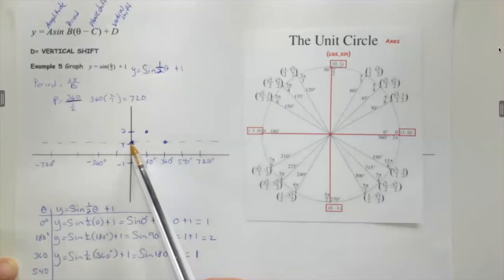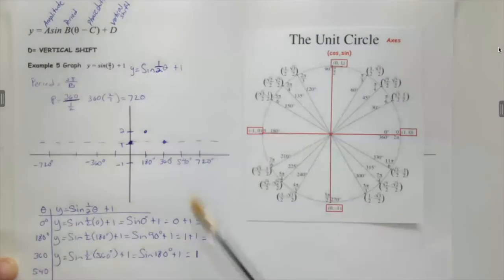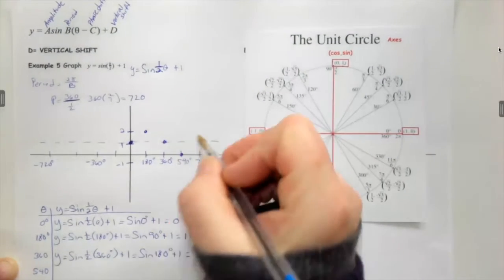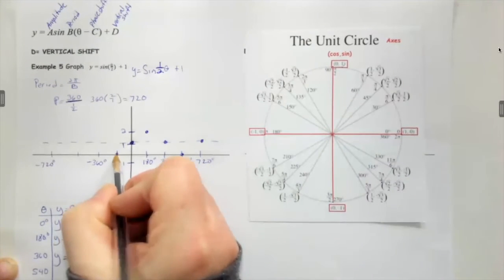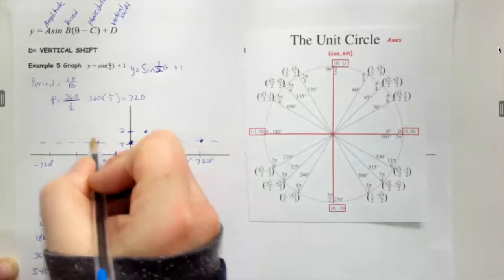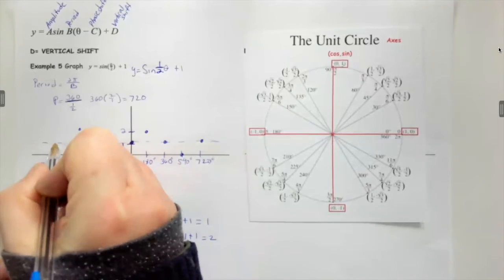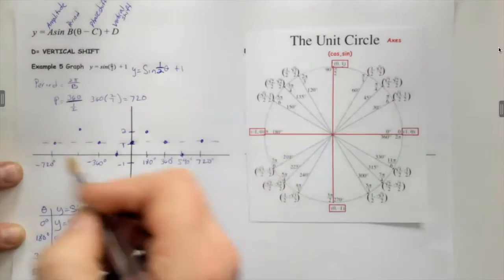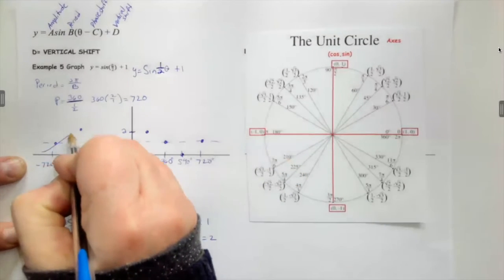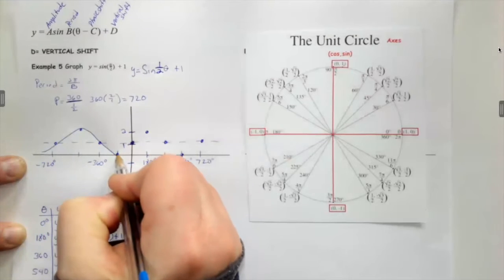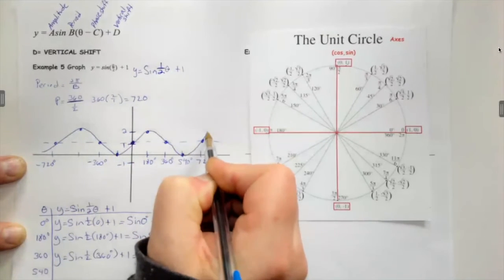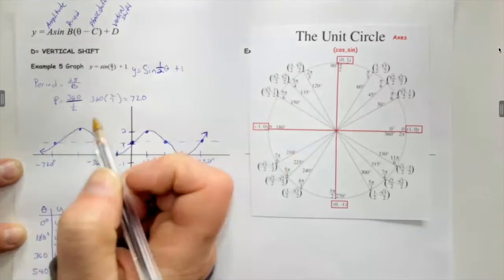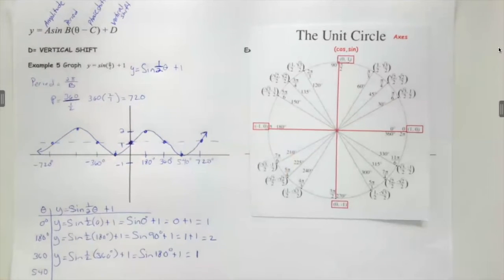We are on the line, above the line, on the line, below the line, on the line. And I can continue that pattern over here. And there is our function.